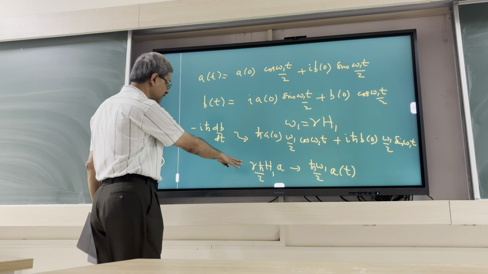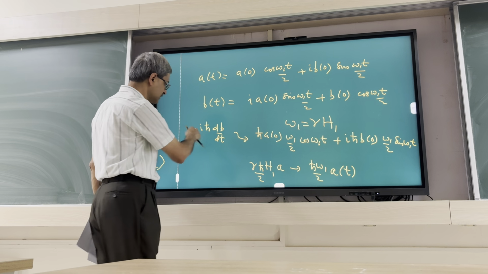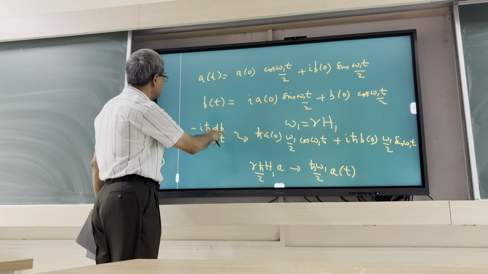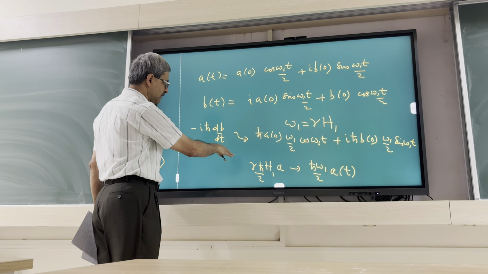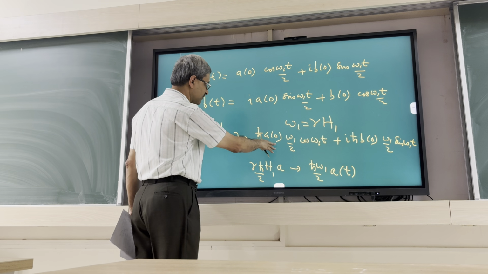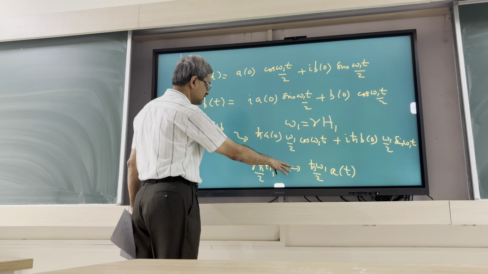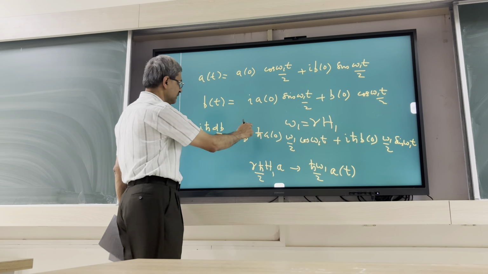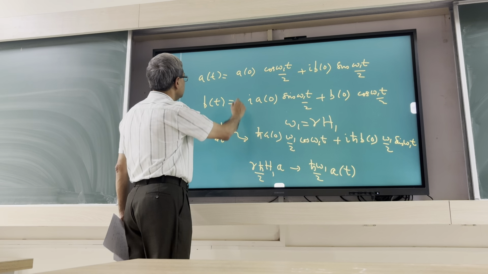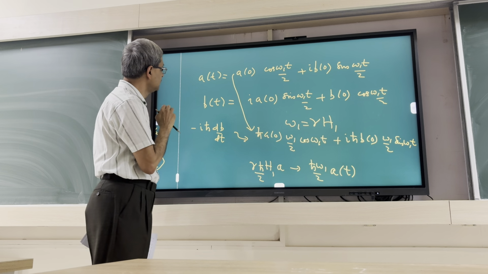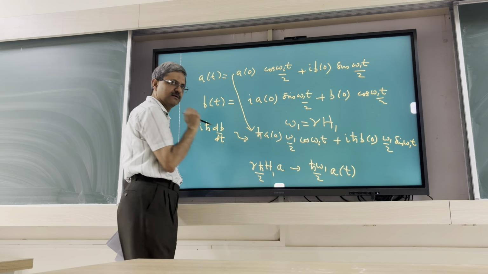This is what it should be from just the Schrödinger equation. Does it come out to be that? So h bar omega 1 by 2. It's okay, no? I mean, this is indeed A. So I think plus sign.